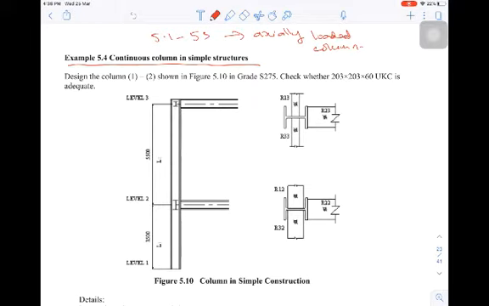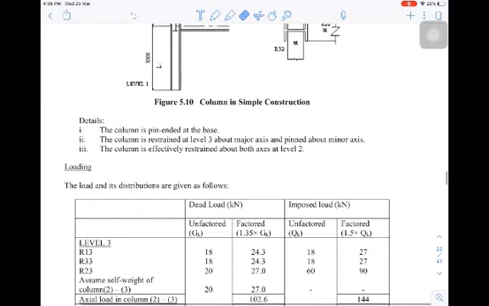We are concentrating only on simple construction, meaning the connections are pinned. But at the same time, there is a moment transferred to the column, apart from the axial load. Okay, so let me now go through this example.